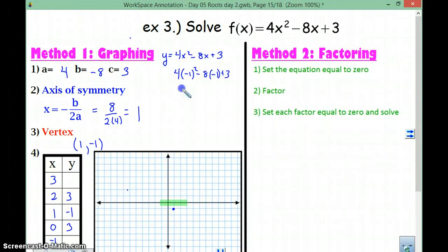Negative 1 squared is 1, so we end up with 4 minus negative 8. That's plus 8 plus 3. Answer is 15? Yeah. 15 should be the same up here.